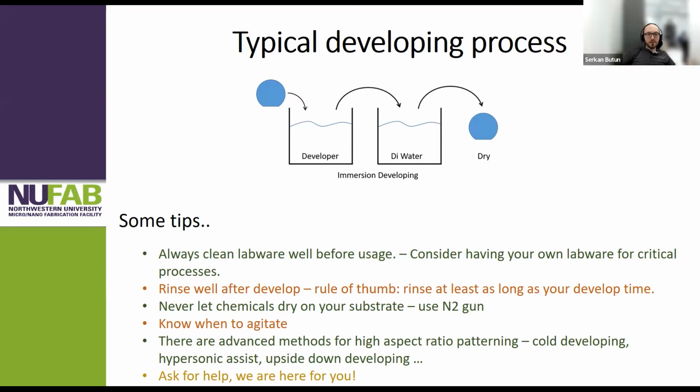The other thing is you should know when to agitate. All right. So it's usually recommended to shake your substrate in the developer during the process, because what happens is the dissolved resist sediments back on the surface due to gravity, and that will slow down the developing process.